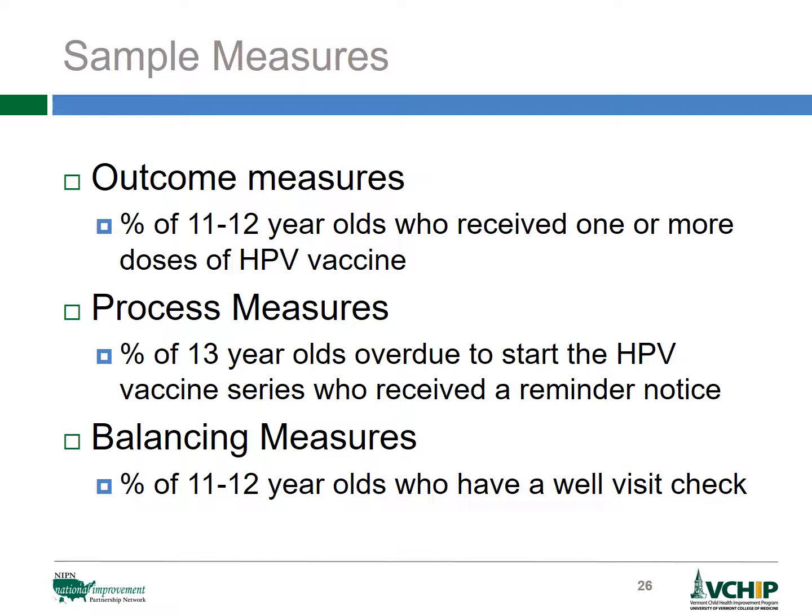So if you're giving vaccines at all types of visits, is that going to impact your well visit rate? So a balancing measure might be to look at what percent of 11 to 12-year-olds have a well visit check. Does that change as you implement other strategies to increase HPV vaccination?